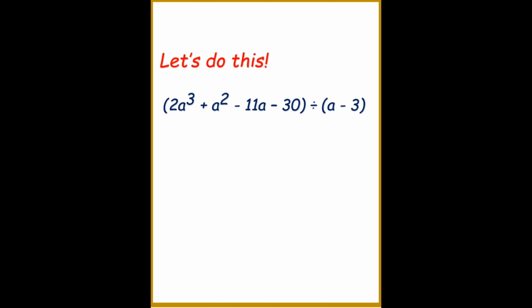So we have 2a cubed plus a squared minus 11a minus 30 divided by a minus 3. You have 2 minutes, and if you need more time, you can pause this video.